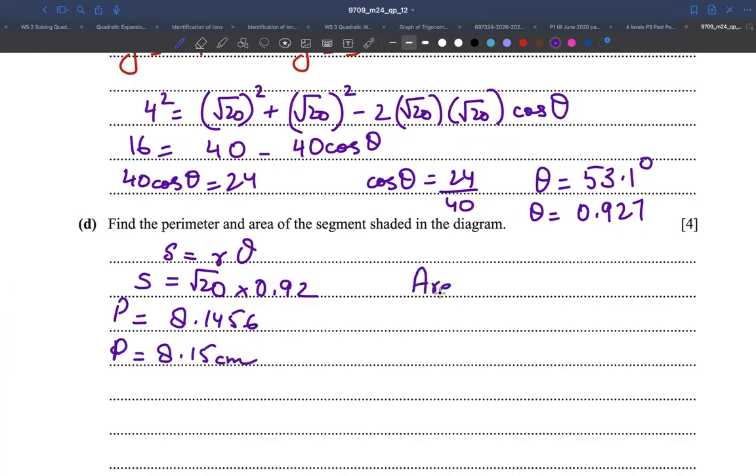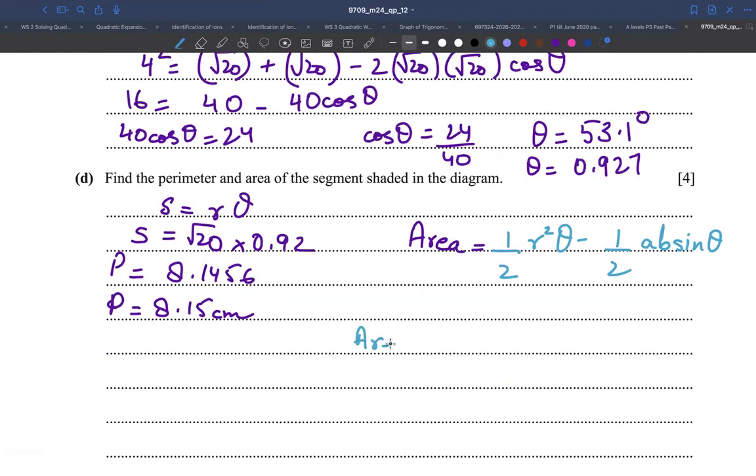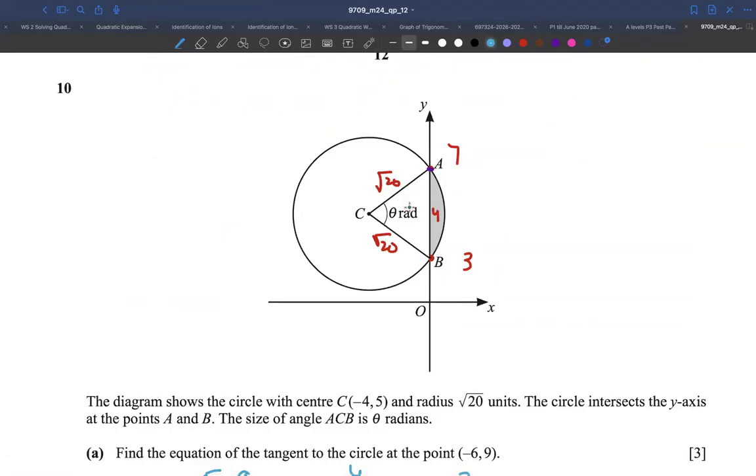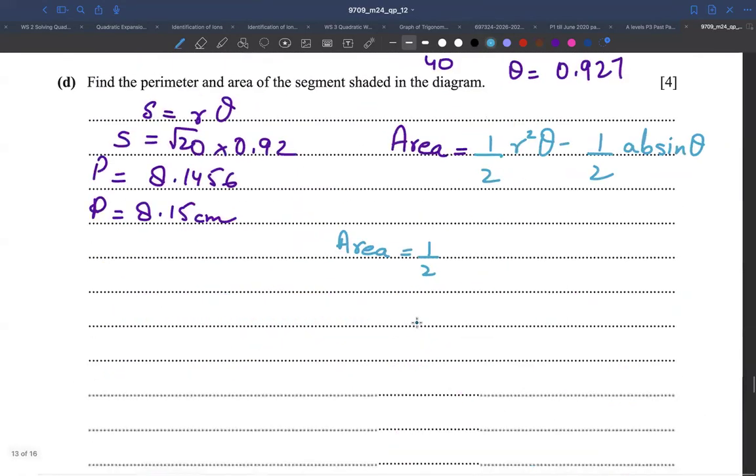Area of the shaded region will be equal to area of the sector minus area of the triangle. Half AB sine theta. We already have theta. So area of the shaded region will become half. Again, let me show it to you. Area of this whole sector minus area of this triangle. That will be the shaded area. Radius squared is 20, angle is 0.927.